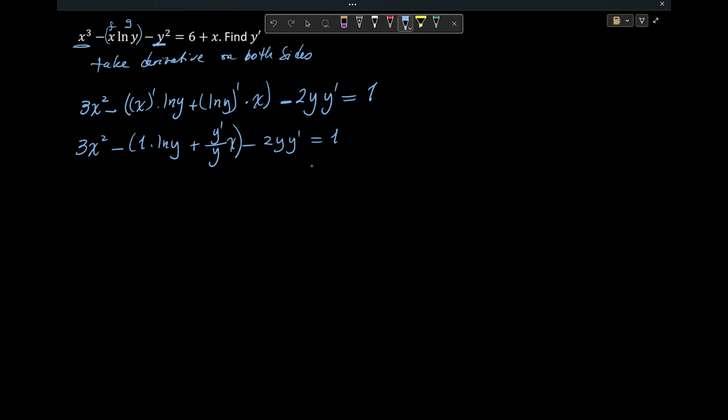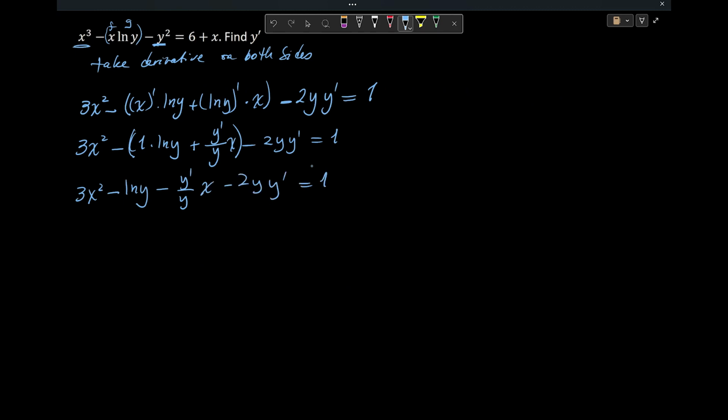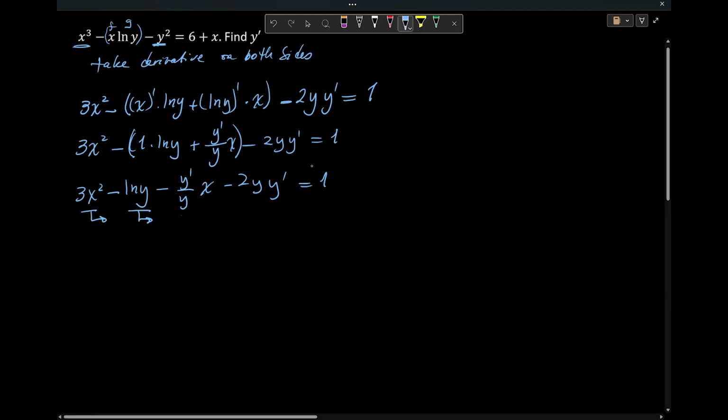There should be a parentheses and an x over here. There you go. So now we have 3x squared minus ln of y minus y prime over y times x minus 2y prime is 1. Now we isolate y prime. Everything else goes on the other side. In other words, this and this go on the other side. And here we factor out a y prime.